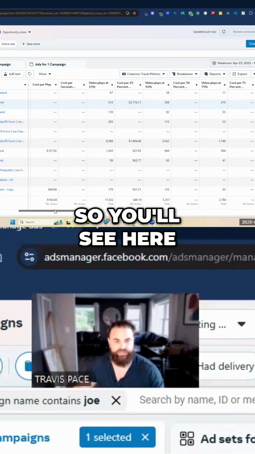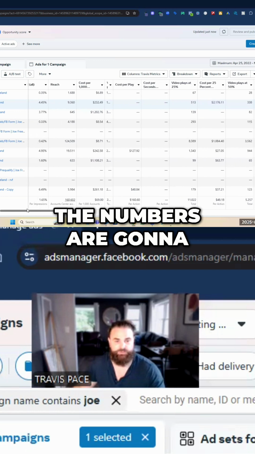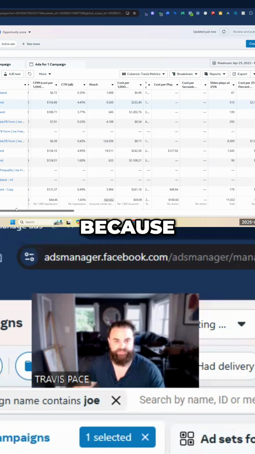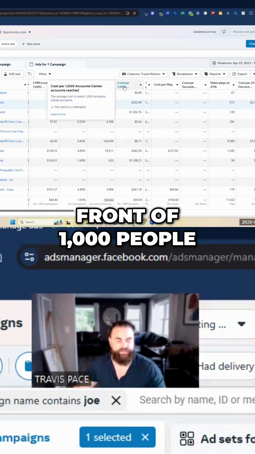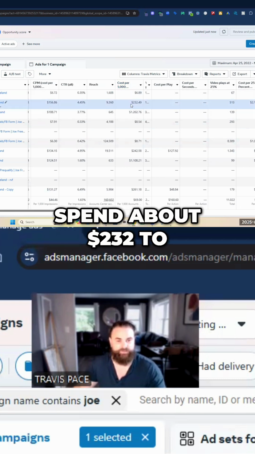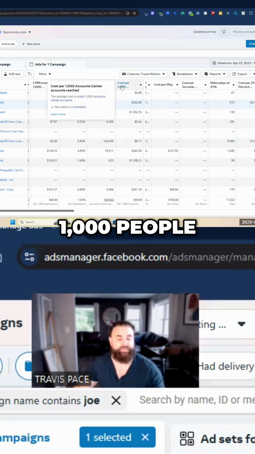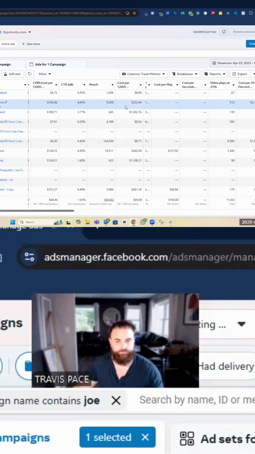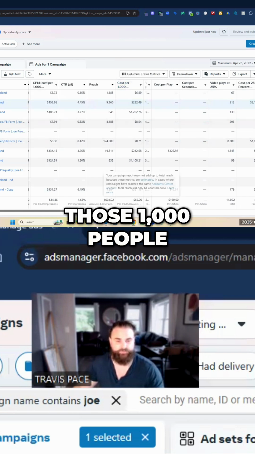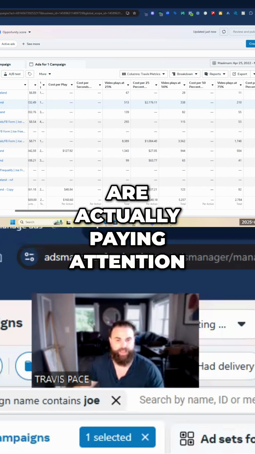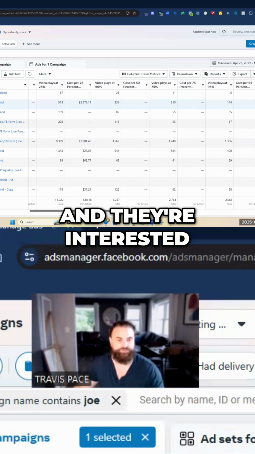Okay, so you'll see here the numbers are going to be different because instead of it being $7 to get in front of 1,000 people, now we have to spend about $232 to get in front of 1,000 people. And even though we're out in front of those 1,000 people, how many of them are actually paying attention and interested?